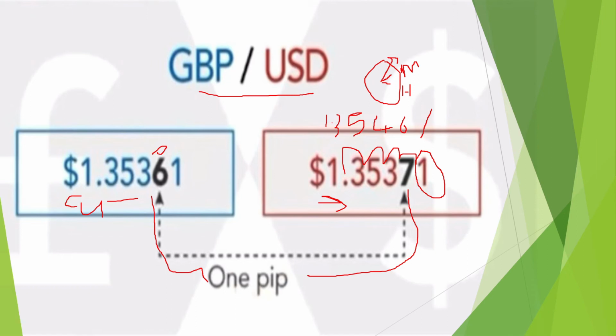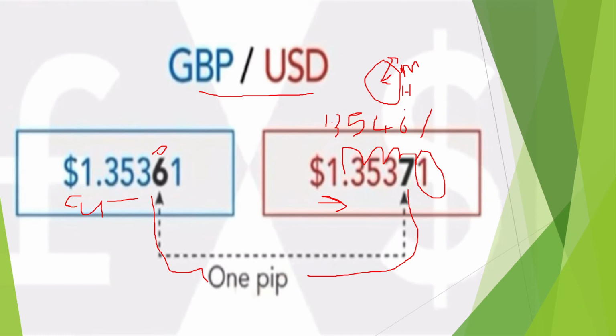The difference should be 10 pip. 1.35461 minus 1.35361 equals 10 pip movement.